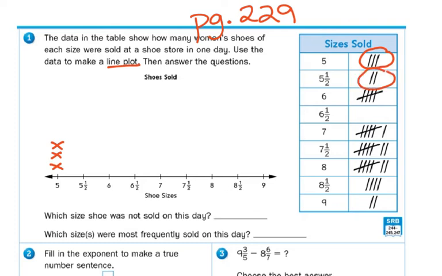There were 2 pairs of shoes at size 5.5, which is a pretty small foot. Size 6 had 5 pairs. There were none sold that were size 6.5. Size 7, there were 6.